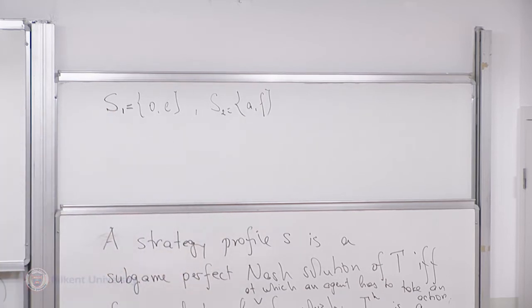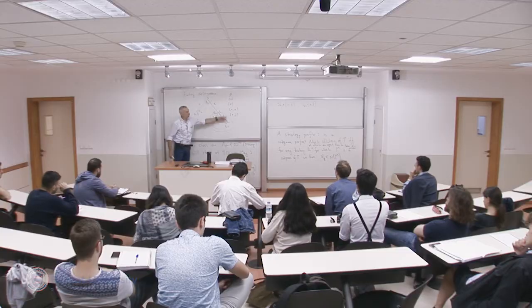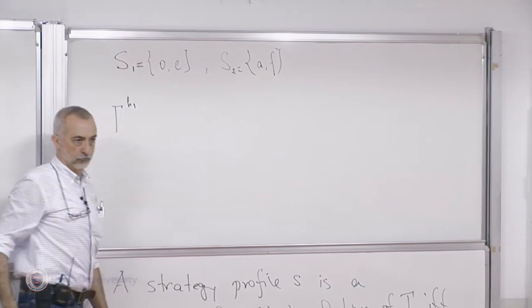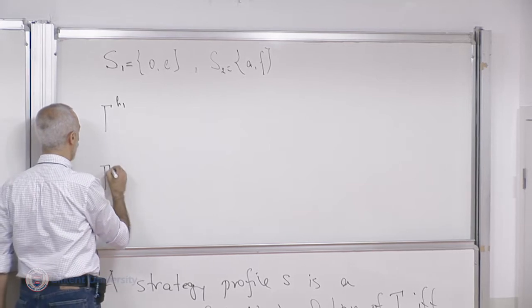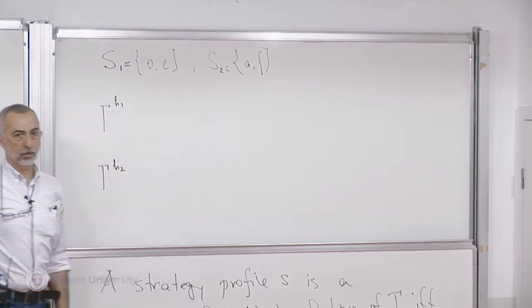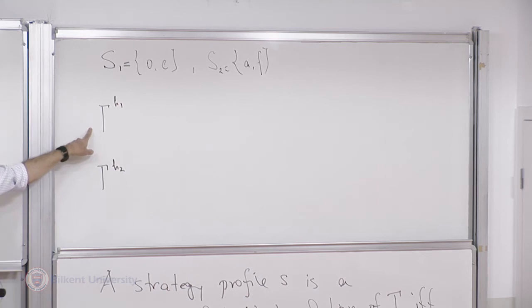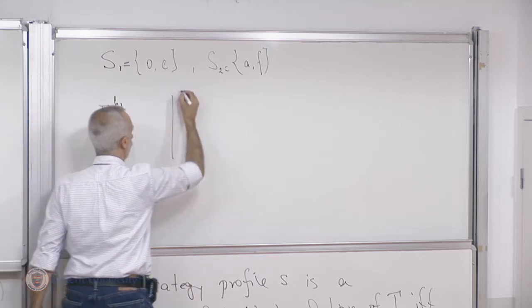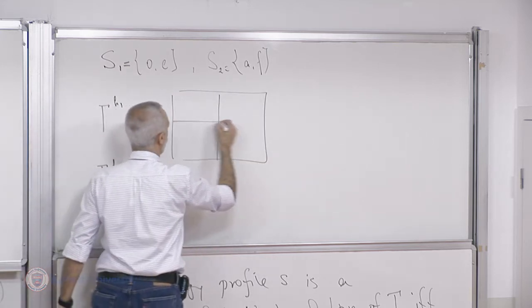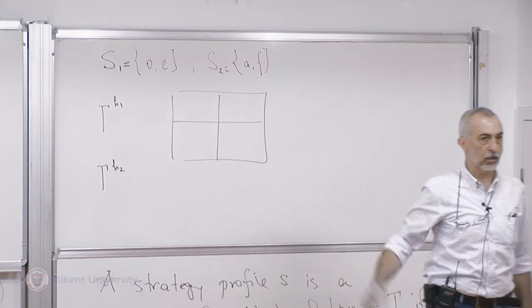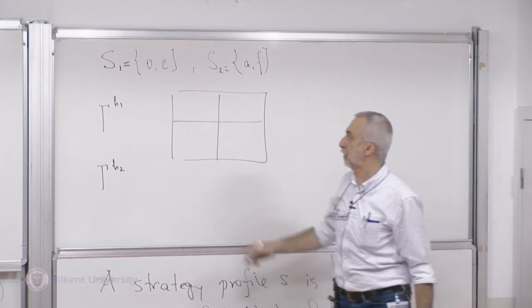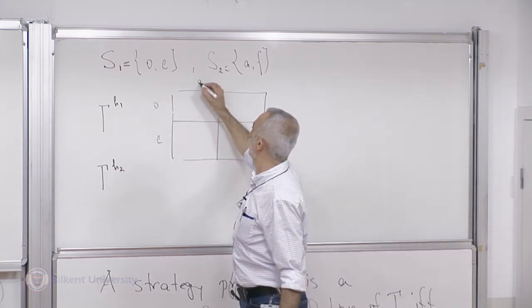So what do we do? We find the Nash solutions. So we take gamma H1, okay? And then we look at gamma H2, okay? Well, gamma H1, it's the whole game. We're going to find the Nash solutions of this game. Well, how do we find Nash solutions? We write the strategic form game corresponding to that extensive form game, which in this case has a nice, easy tabular representation, which we already did.